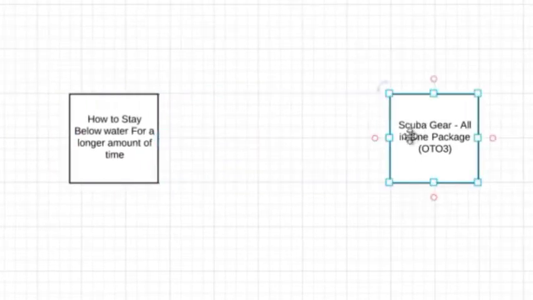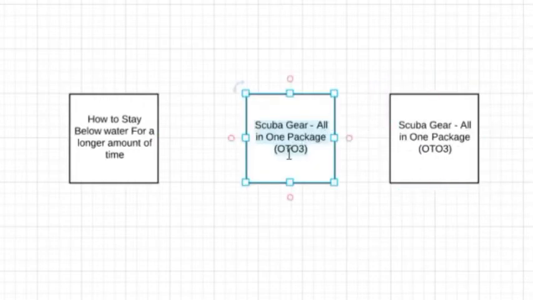So we've got OTO 3, and I would ask you, if we move one step backward or even two steps backwards, what do we think would be there? Since the scuba gear is an all-in-one package, maybe we focus on the scuba mask.